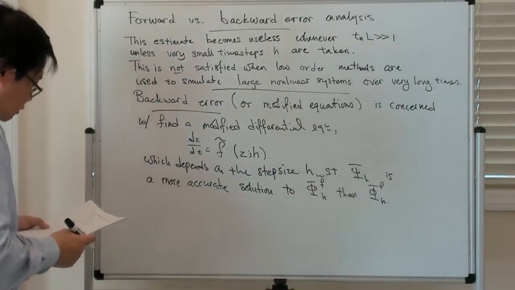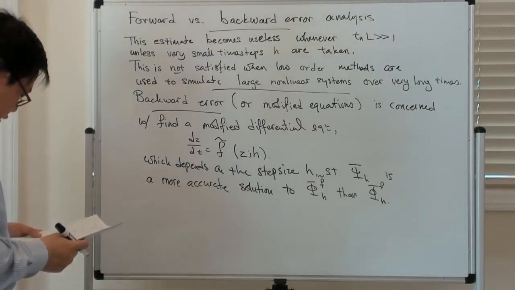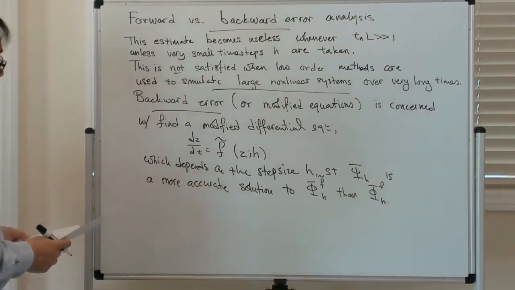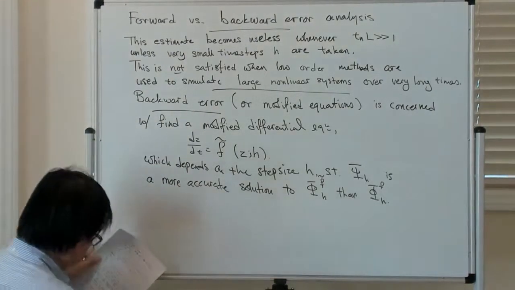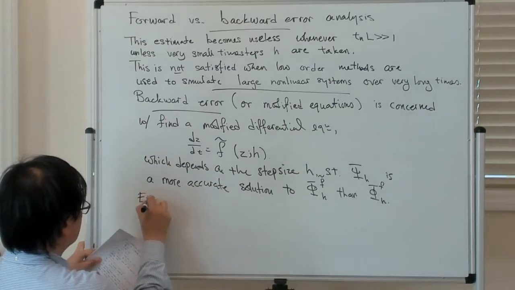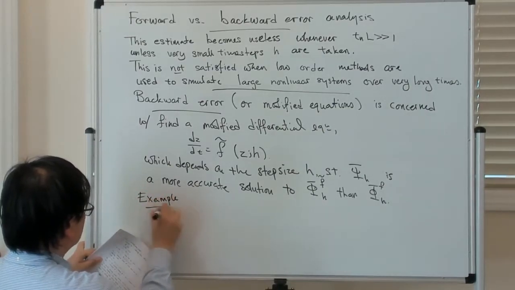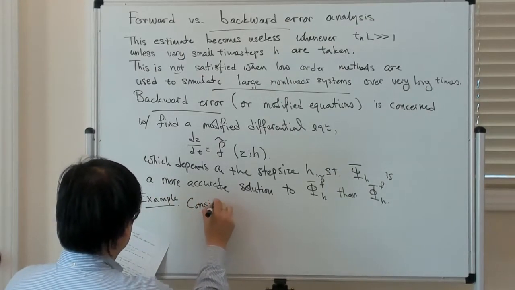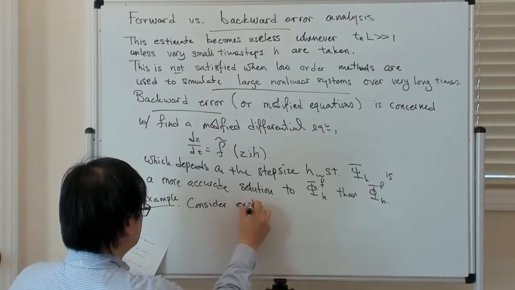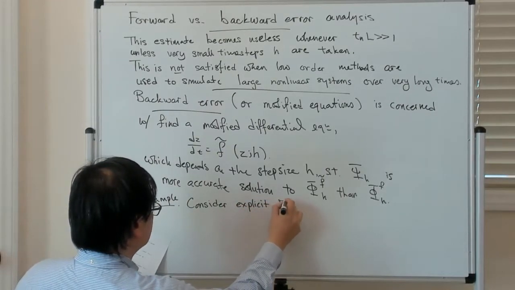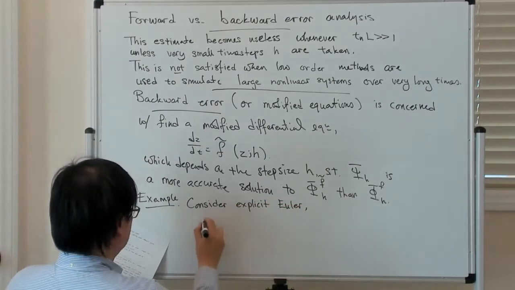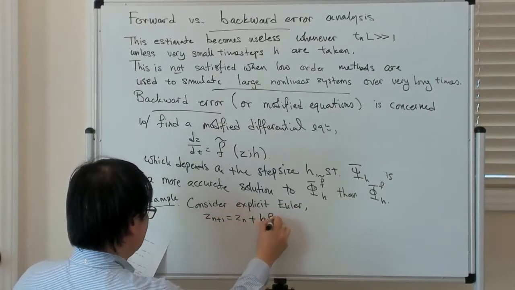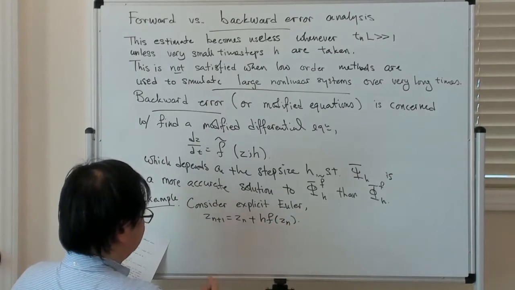All right, so perhaps it's helpful to look at an example of this just to illustrate the idea. All right, so let's consider explicit Euler, which says that z_{n+1} is equal to z_n plus h times f of z_n.